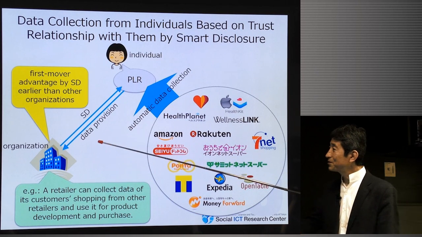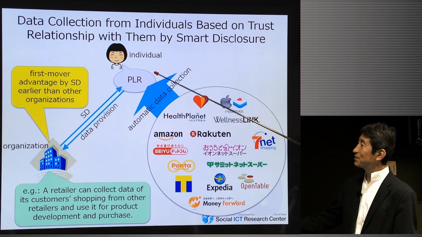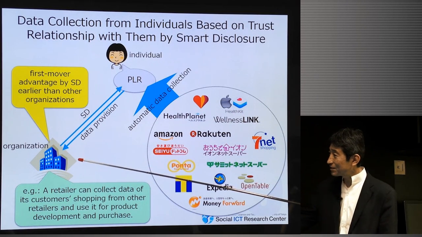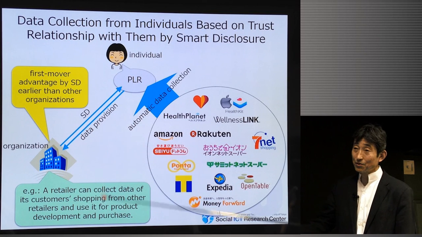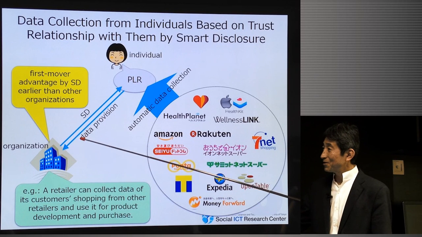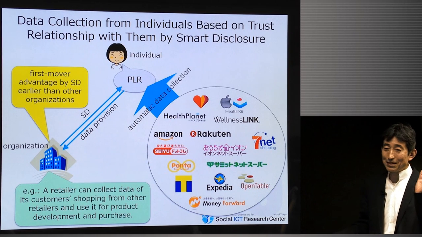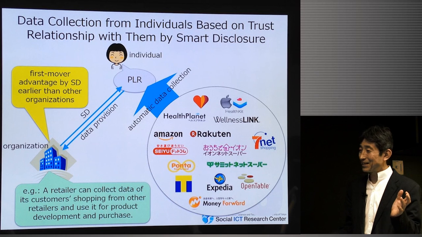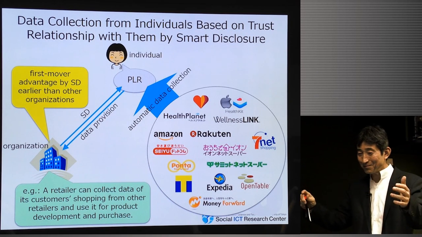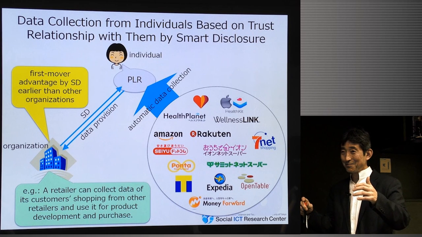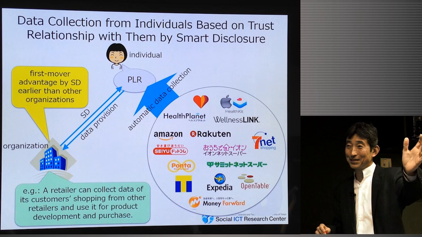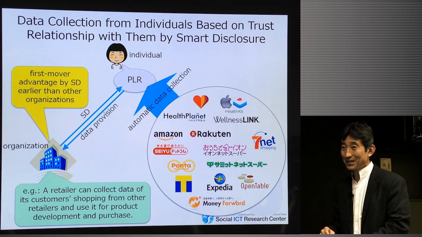Okay, in order to obtain personal data from the customers, the organization, the vendor, must do smart disclosure. That means, of course, the vendor may be worrying that the data I'm managing may be handed over to some other competing vendors, right?